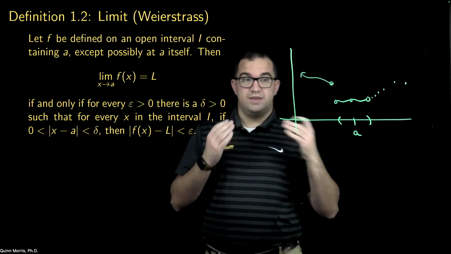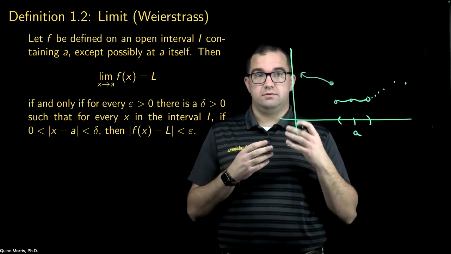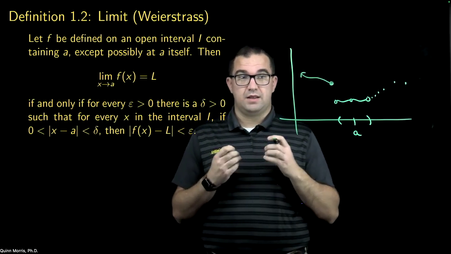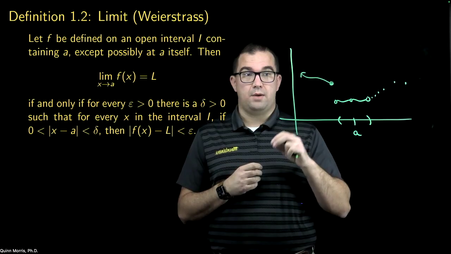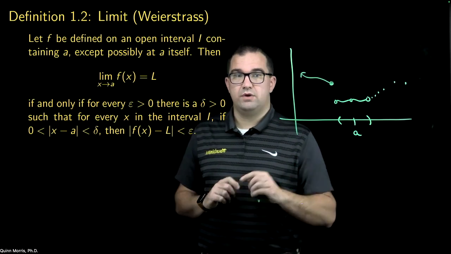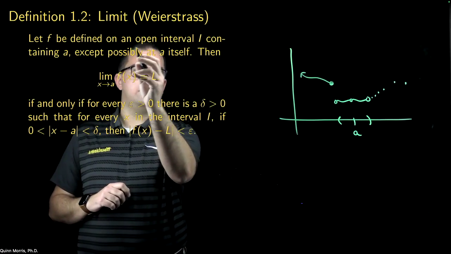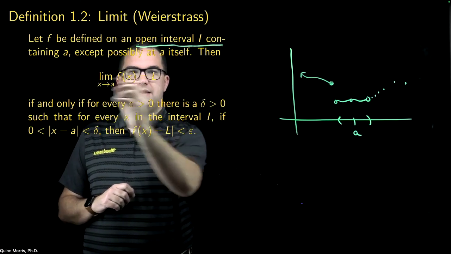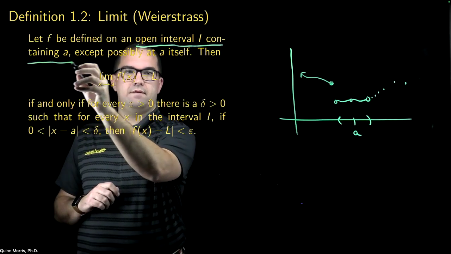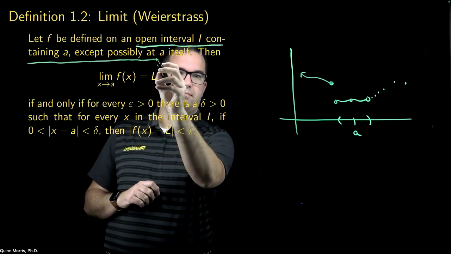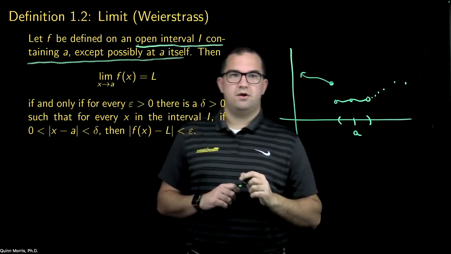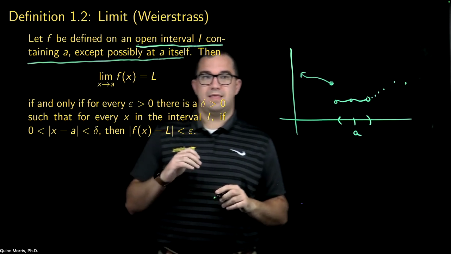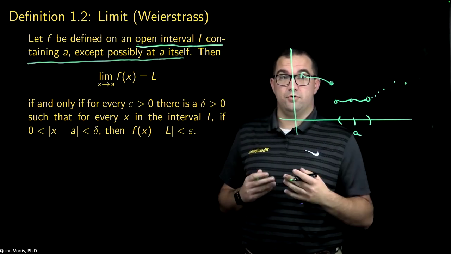Now, if you think back to when we first started this rerun through things, we first spent a lot of time defining properties of sets. And if we look at this definition, I want to look at a set which is an open interval containing A, except possibly A itself. That ought to look similar to something we were just talking about, and that is actually the concept of a deleted neighborhood.